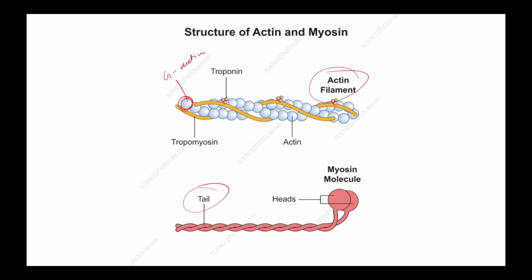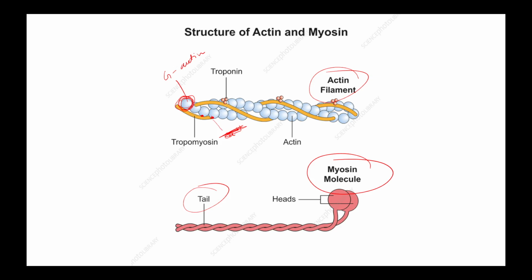So this is an actin filament, and on all the G actin we have the actin's active sites. On these actins we have a site for calcium binding, or you can say these sites are present for myosin head binding. Not calcium binding, sorry, it is for myosin head binding.